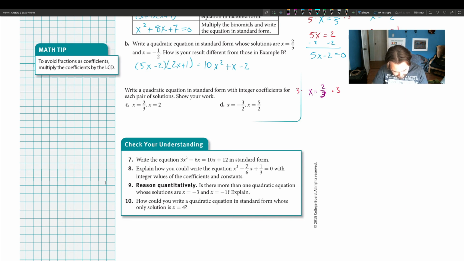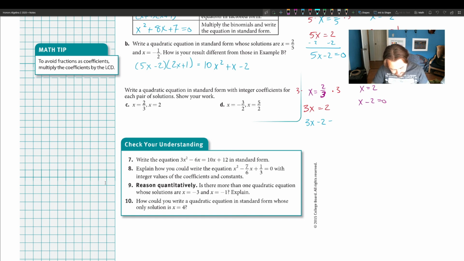We get 3x equals 2. We'll subtract the 2 away, and we will get 3x minus 2 as our first term. Our other term was just x equals 2. So we'll just subtract that to make it equal 0. So x minus 2 equals 0. This should have been equal 0 over here too.